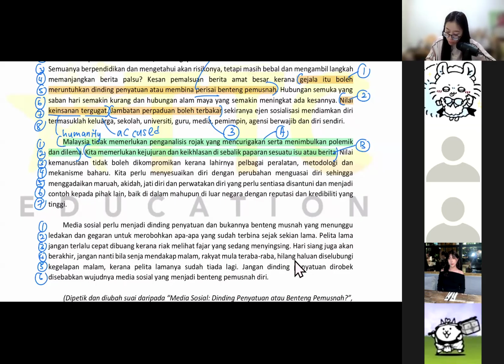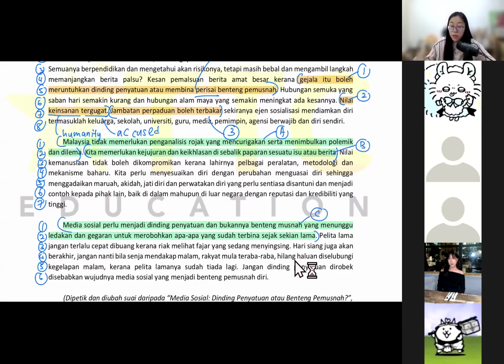So media sosial perlu menjadi dinding penyatuan dan bukannya benteng musnah. I will just stop until benteng musnah. But if you want to continue until untuk merobohkan dan gegaran, also can. Both also can.